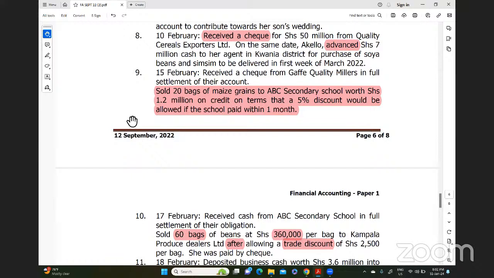And you recognize that right to receive, and that is what we call a trade receivable, or a debtor. If we had gotten cash, then we would have debited cash, being an asset. Assets increase by debiting. Are we together?